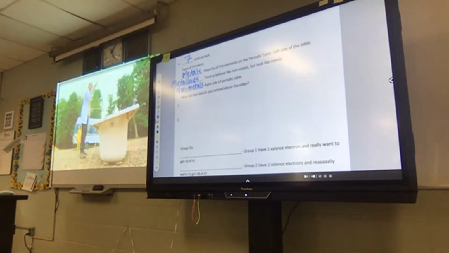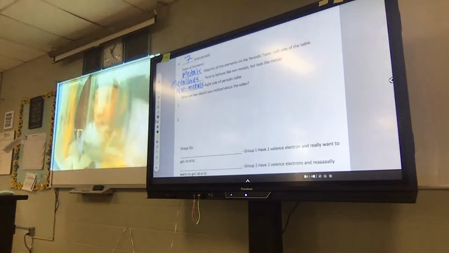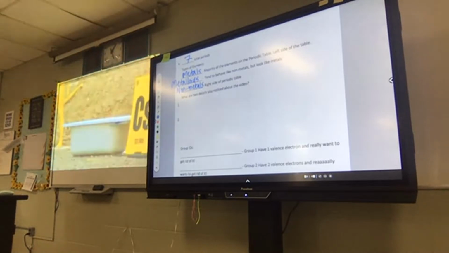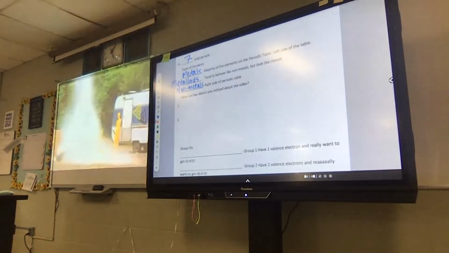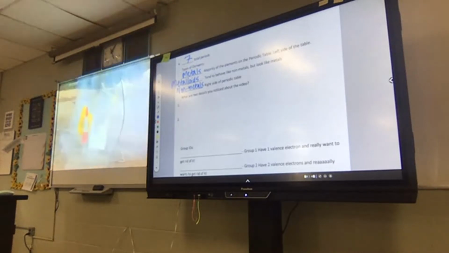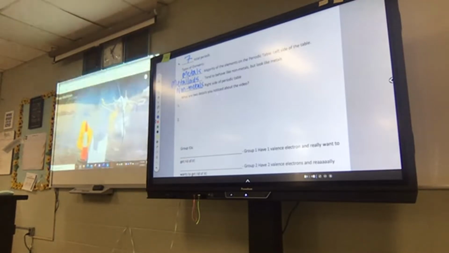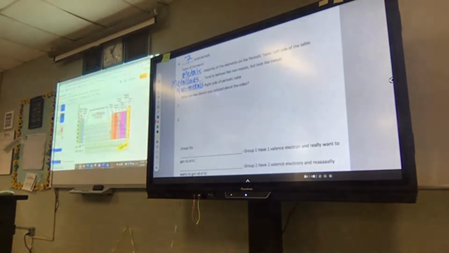Burning, extreme danger, clear the area. As our cesium sinks in the water, the rapid generation of hydrogen gas should produce quite an explosion. And it does.